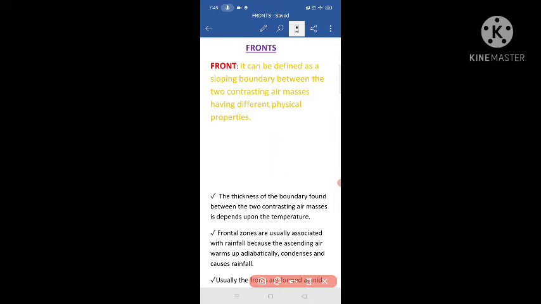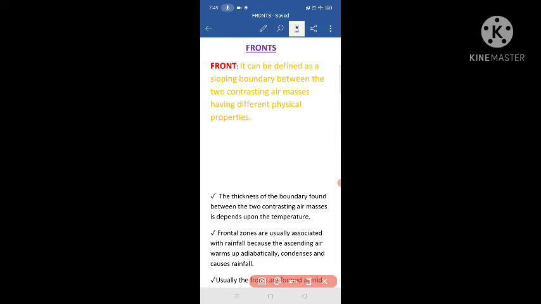Whenever fronts are formed, the warm air mass rises. As it rises in the upper layers, it cools down, condenses and reaches saturation. After reaching saturation, it will form clouds and bring precipitation to the region where it formed.